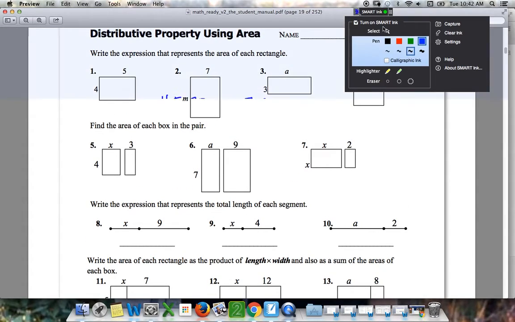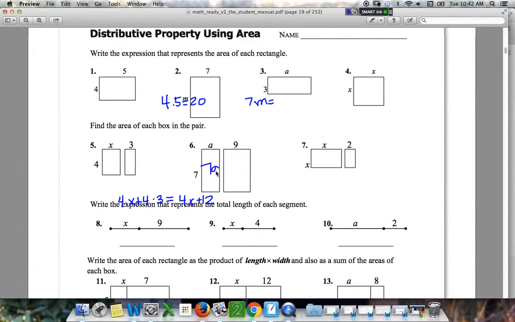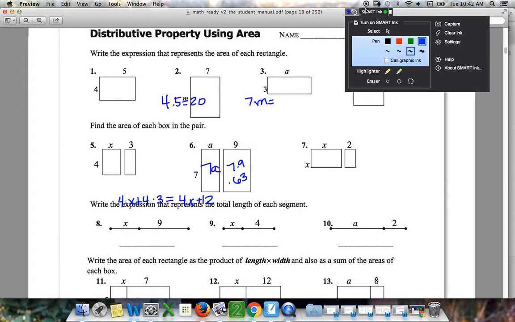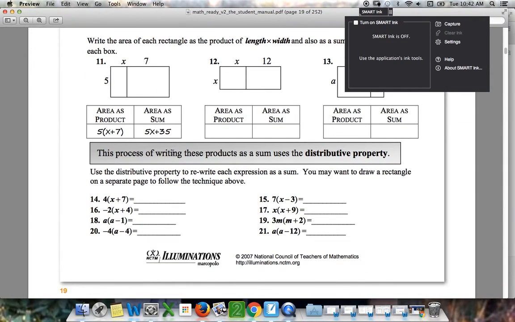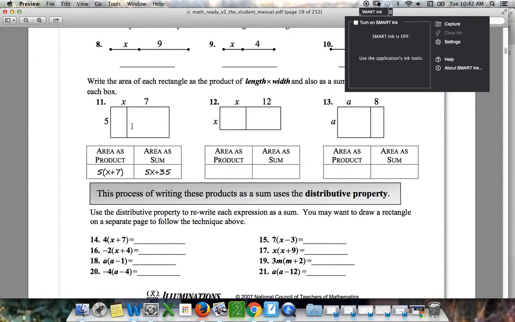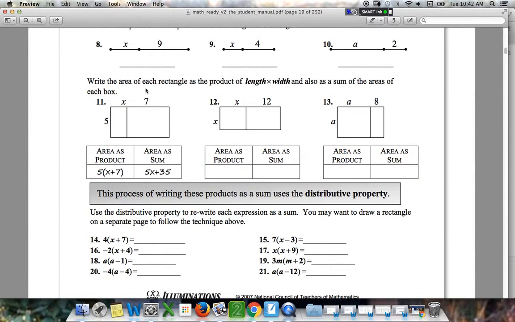So up here when I did, like on this one, this area would be 7A and this area would be 7 times 9, which is 63. Down here, they're pushing them together already and saying just find the area of the box. So you could do it the way that we just did it. 5 times x would be 5x, and 5 times 7 would be 35. So that's the area of the sum. That's what it means by that.